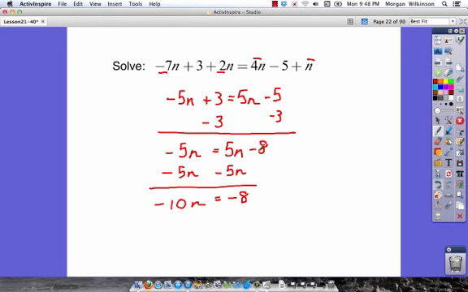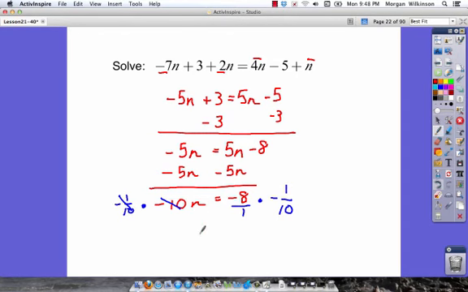And now we can go ahead and solve. In this problem, we're going to multiply by negative 1/10, because that's the reciprocal of negative 10, and we want n by itself. So this is going to cancel. We're going to multiply negative 8 times the same thing we did on the left-hand side. That's negative 1/10. Let's make negative 8 over 1. So now we can figure out what n is.